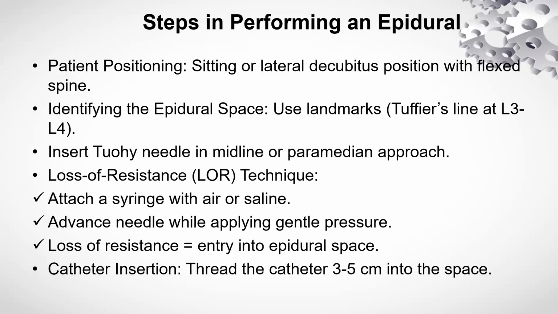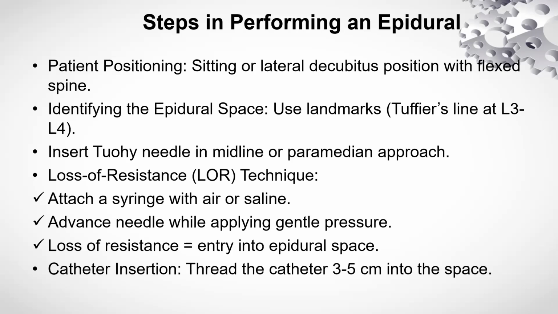So how do you perform an epidural? You want to position the patient appropriately, sitting or in lateral decubitus position, just like spinal, and you want to identify your landmarks. Then you insert your Tuohy needle in the midline. There are different ways to confirm correct placement. Number one is the loss of resistance technique. You use your loss of resistance needle and you attach the syringe either with air or saline.